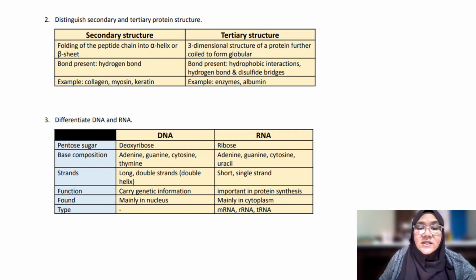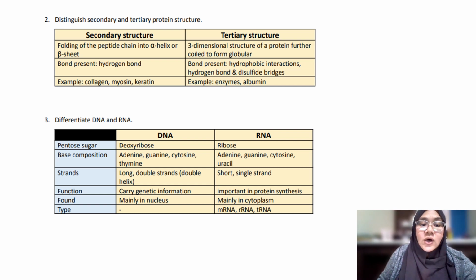Secondary structure has hydrogen bonds, that cause them to have the shape of alpha helix and beta pleated sheet. For tertiary structure, there are disulfide bridges, hydrocarbon chains, ionic bonds. The more bonds present give them a more complex structure. However, quaternary structure, when you combine a number of tertiary structures, it will form a quaternary structure.